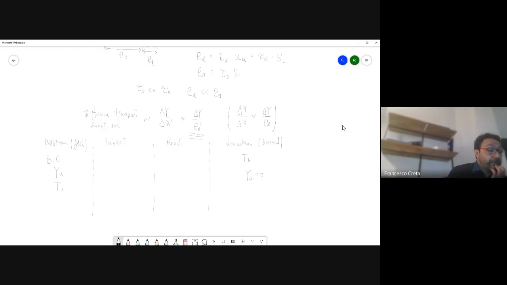Now, in the preheat zone, we said that there is a balance between convection, and we can even put a minus sign here if you want. Let's put a minus sign. It's not working.